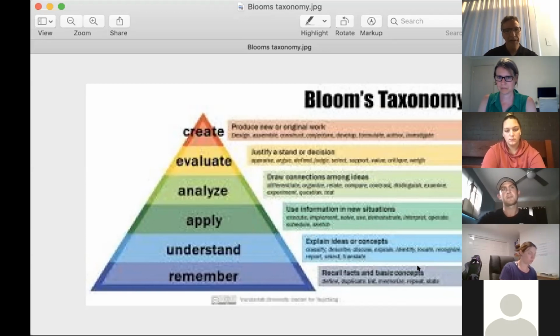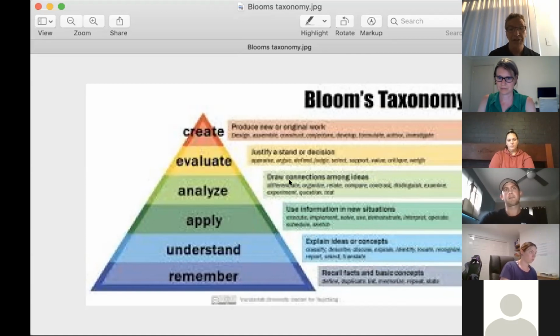So I often say that I really dislike multiple choice questions in final exams, because they usually only test recall of facts and basic concepts, unless you're very clever at writing multiple choice questions. They'll be remembering facts. But at the end of a subject in an exam, you're actually wanting to be evaluating.